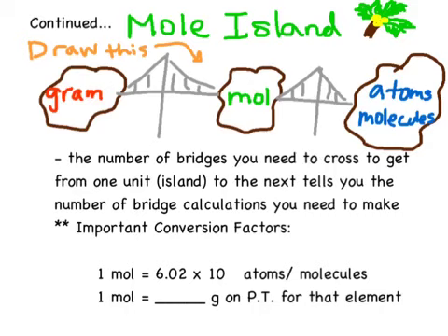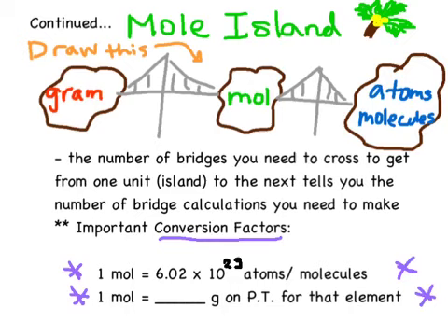So we have bridges, and when we have bridges, we have to have those conversion factors. And here are the 2 big conversion factors we're going to deal with in this concept. So remember, 1 mole is equal to 6.02 times 10 to the 23rd atoms or molecules. So if we're going from moles to atoms, we're going to use that conversion factor with 1 mole equals 6.02 times 10 to the 23 atoms.